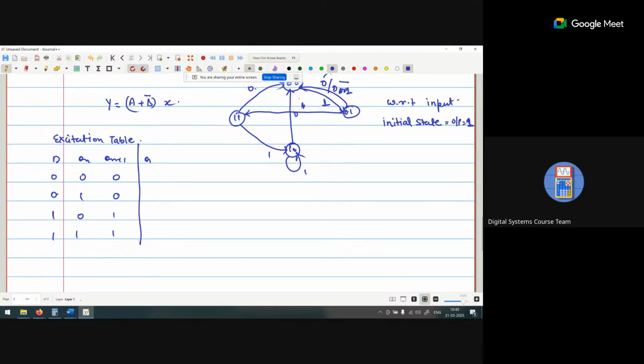Now if we draw the excitation table, Qn and Qn plus 1 give D: 0 0 gives 0, 0 1 gives 1, 1 0 gives 0, 1 1 gives 1. This is the excitation table.